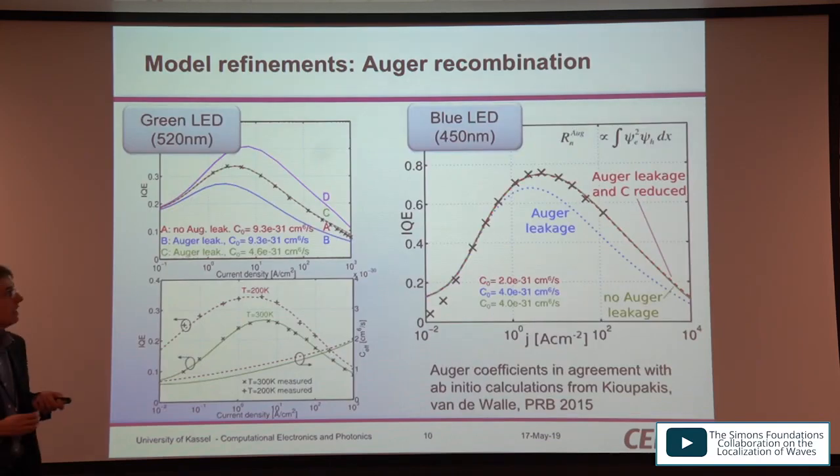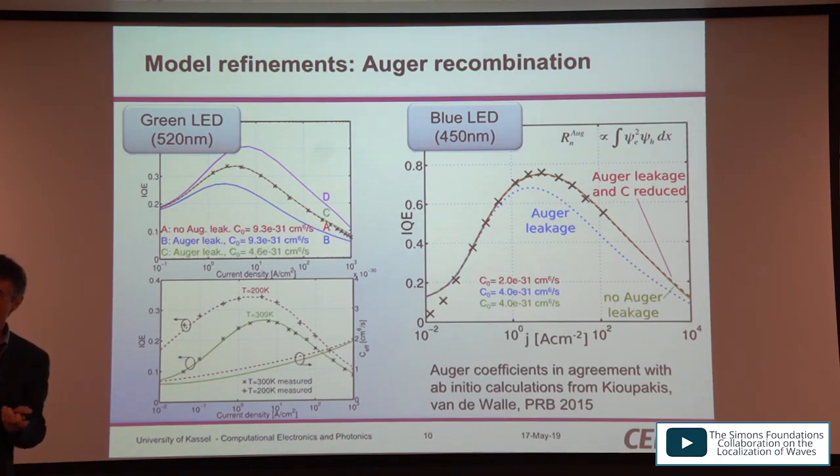And when we compared the efficiency versus current data, these are LEDs from Osram at the time, blue and green, single quantum well, so no multi-quantum well physics in here, you see that if you include this Auger leakage, then we can match the experimental data with much lower Auger coefficients.